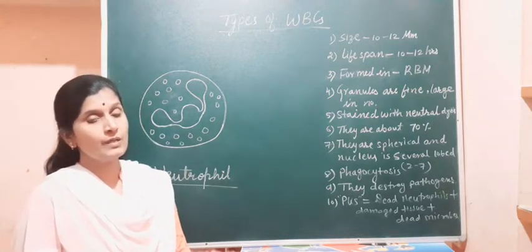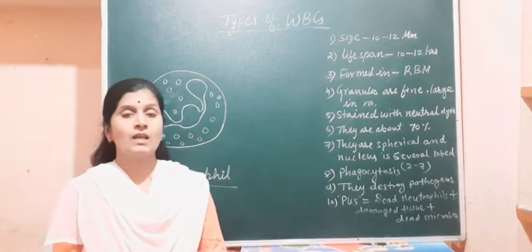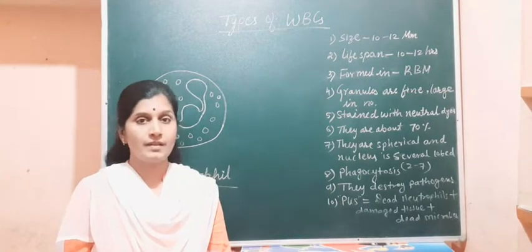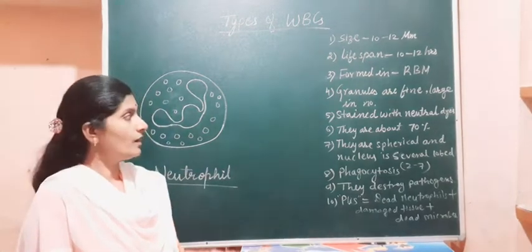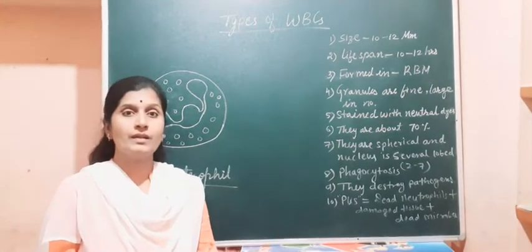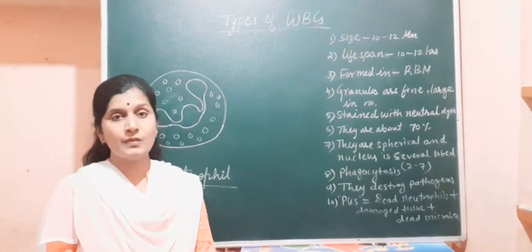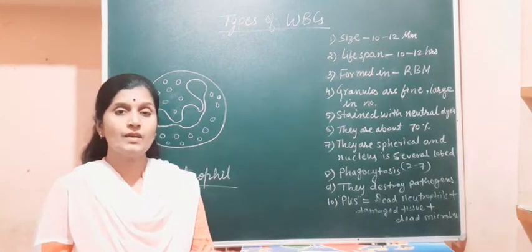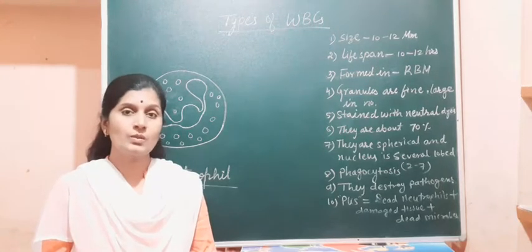The neutrophils, acidophils and basophils have been differentiated on the basis of their dyes. Neutrophils get stained with neutral dyes, acidophils get stained with acidic dyes, and basophils get stained with basic dyes.